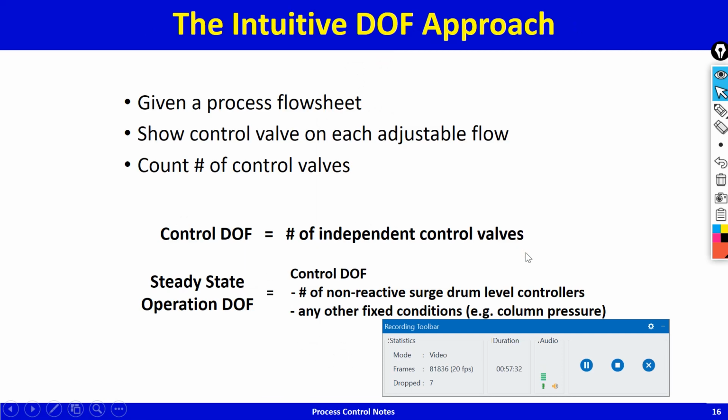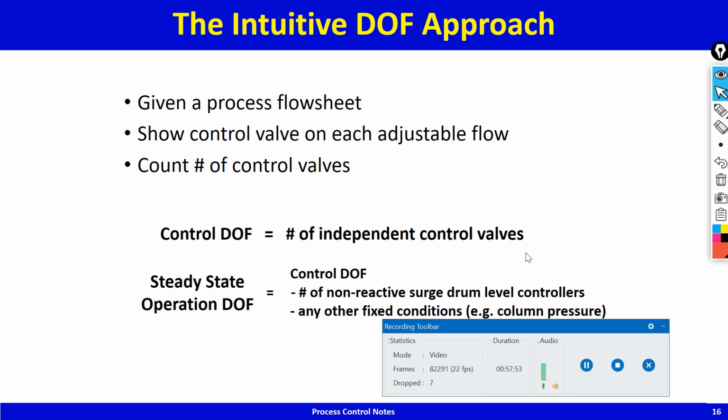Okay, so this is the last slide that I have, and I wanted you to take a good look at this. So given a process flow sheet, what are we doing? We are essentially placing control valves on each adjustable flow, and we are counting the number of control valves, and the number of control valves happens to be the control degrees of freedom.